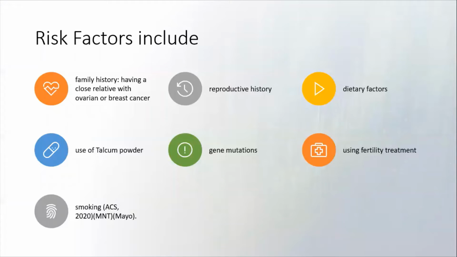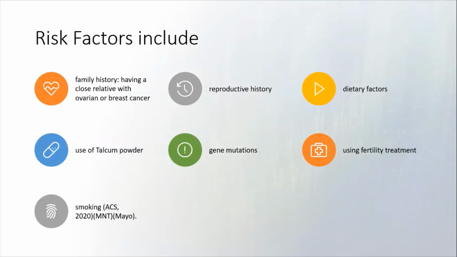Risk factors for ovarian cancer include a family history of ovarian or breast cancer, particularly if this is a close relative, such as a sister or a mother. Reproductive history: a woman that has her first child after the age of 35 has an increased risk of ovarian cancer.